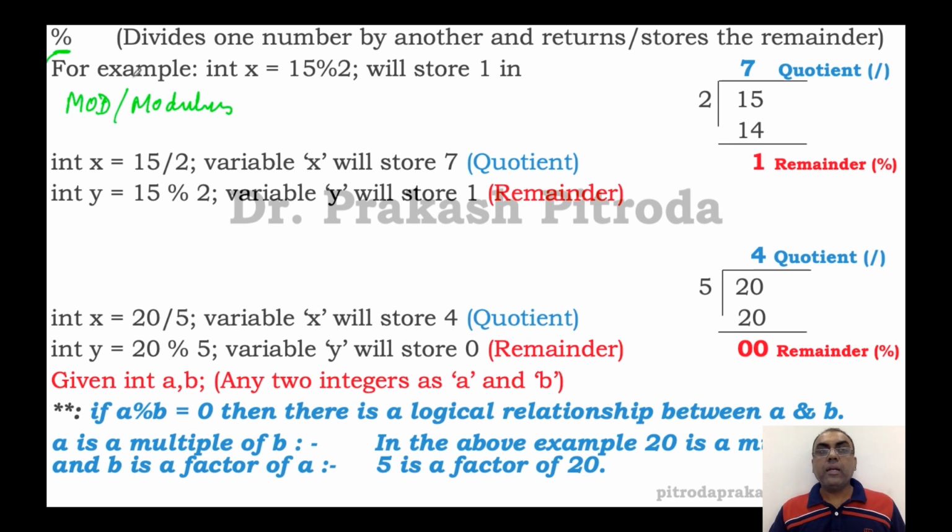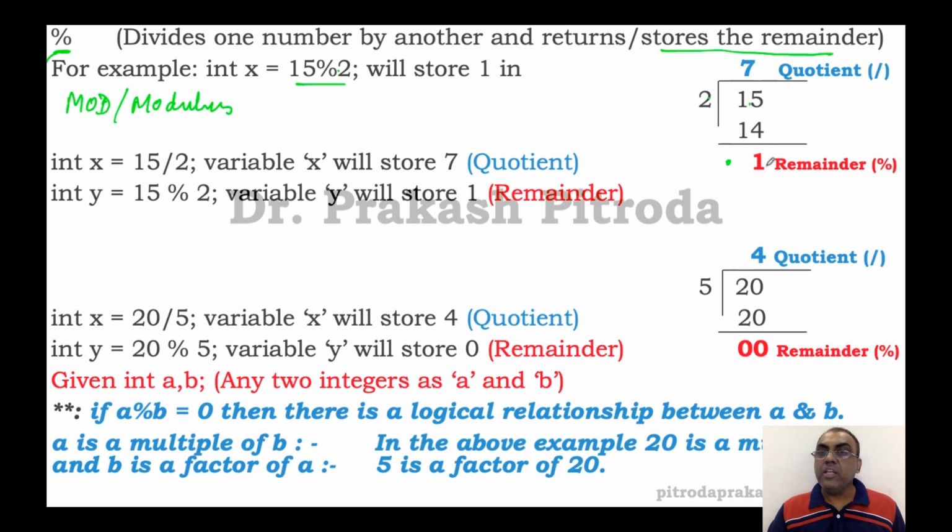All right, it returns the remainder of the division. So when I say 15 slash 2, and 15 percentage, that's mod, 15 mod 2, the computer will divide 15 by 2 after the first nearest exact division. So 2 sevens are 15 is the nearest exact division.